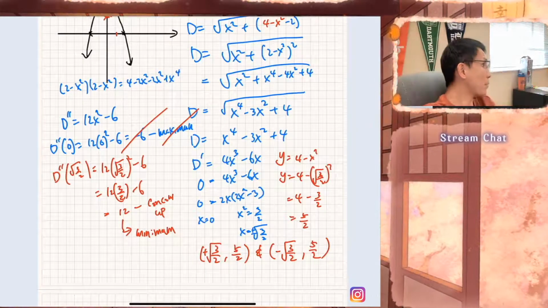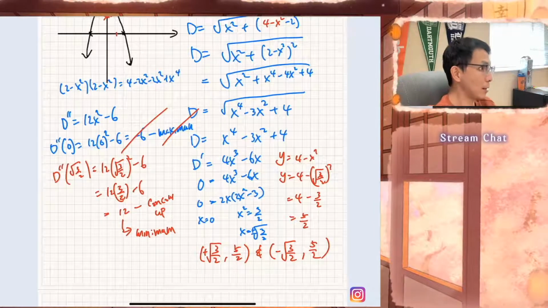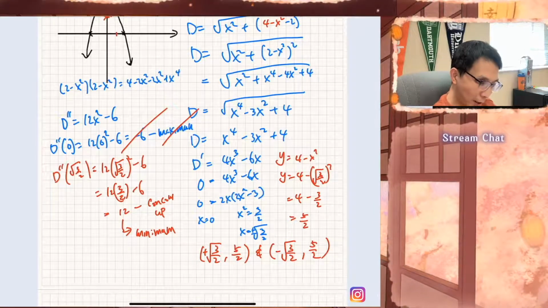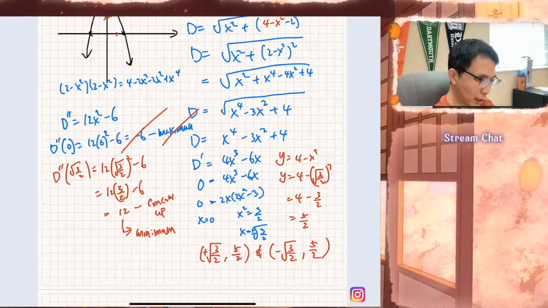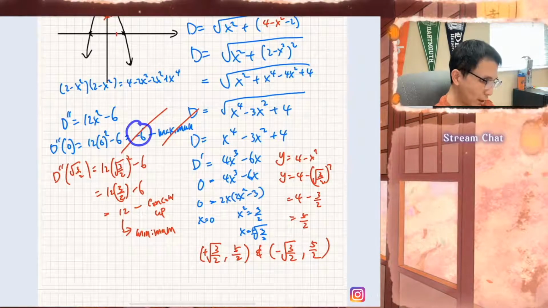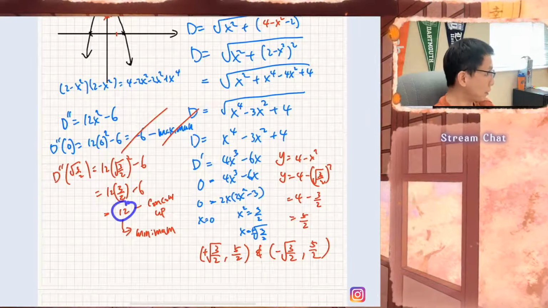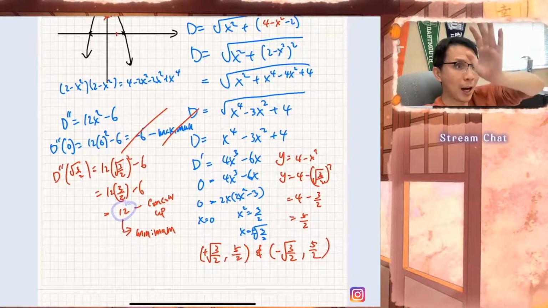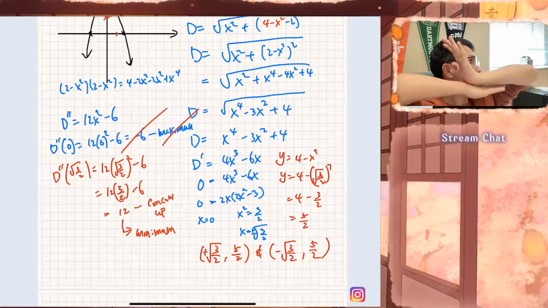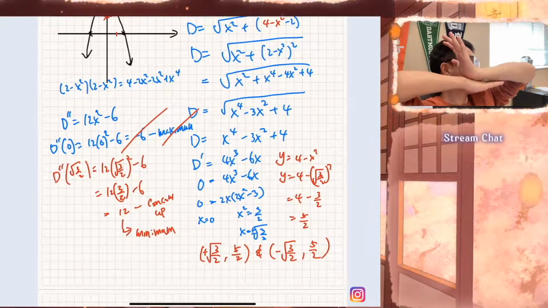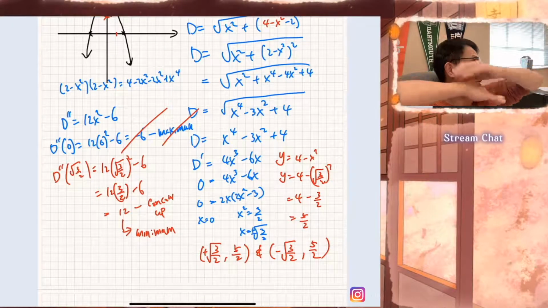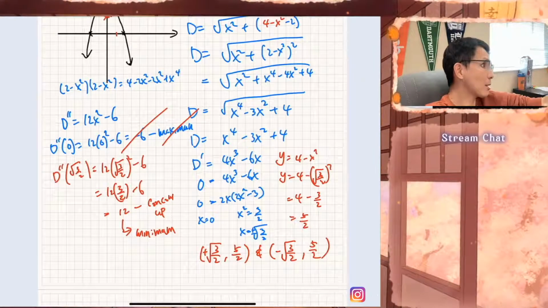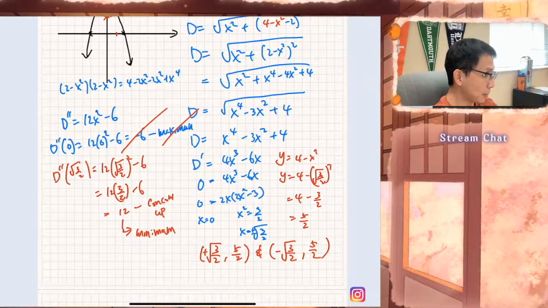But that's maximizing the distance, not minimizing the distance. So ideally, I don't want this. I don't want a negative 6. I want it to be positive 12. Why? 12 is concave up, then you have a minimum. That means it's a minimized distance as opposed to a maximized distance.